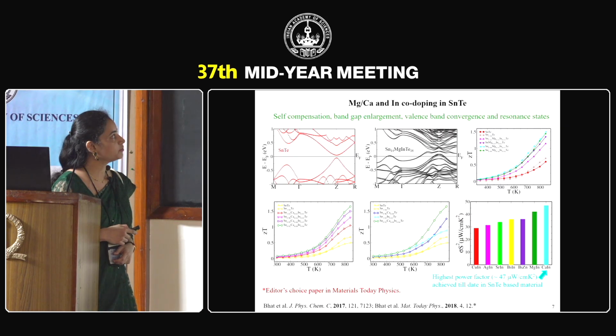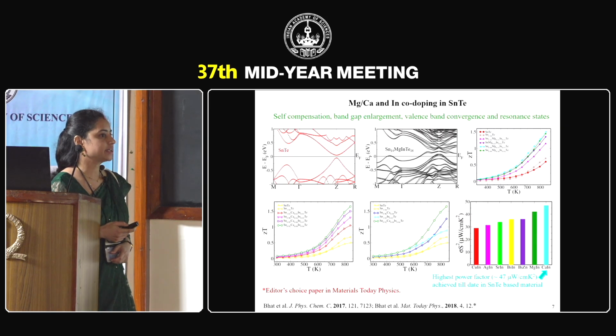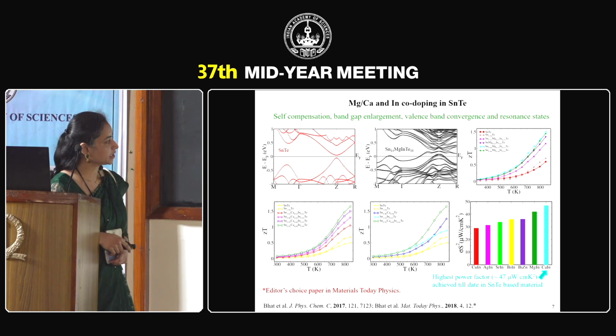Magnesium and calcium were known to increase the band gap of tin telluride and also cause valence band convergence, and indium was the only known resonant dopant till 2019. So when we co-dope these, we see that the dopants play different but complementary roles. Indium increases the performance at lower temperature, while the other two dopants increase the performance at high temperature.